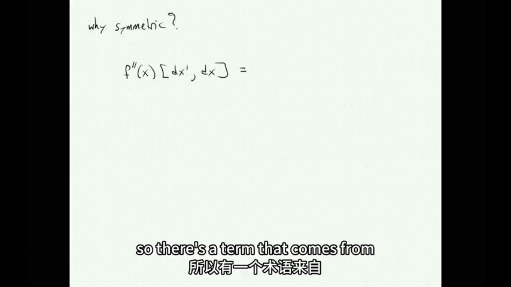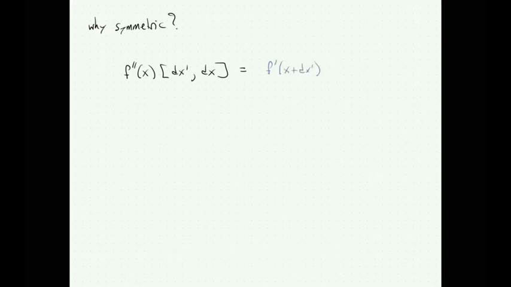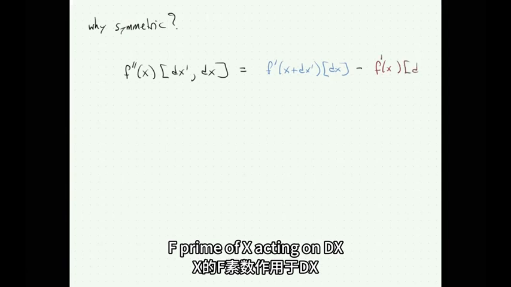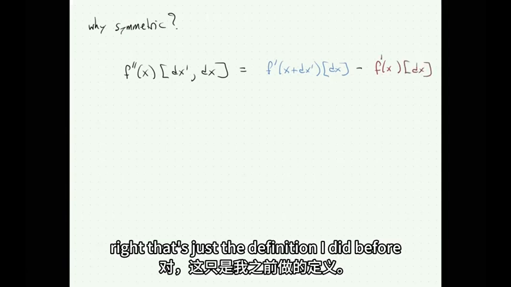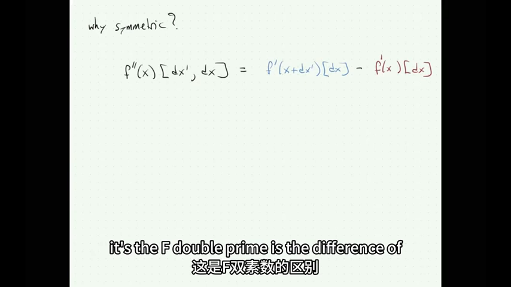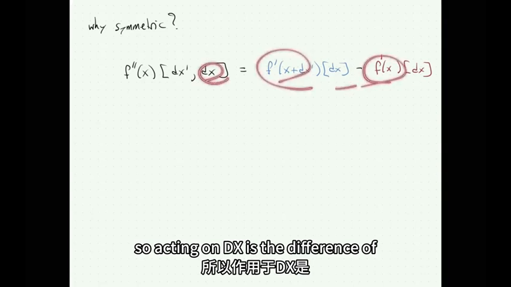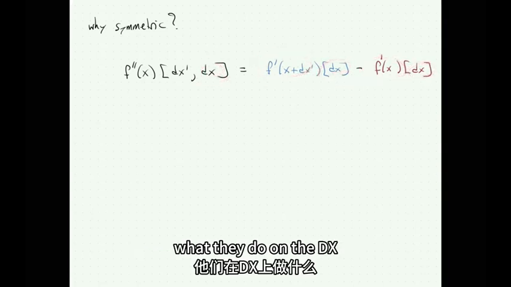There's a term that comes from f primed of x plus dx prime acting on dx, minus f primed of x acting on dx. That's just the definition I did before. The f double primed is the difference of these two linear operators, so acting on dx, it's the difference of what they do on dx.